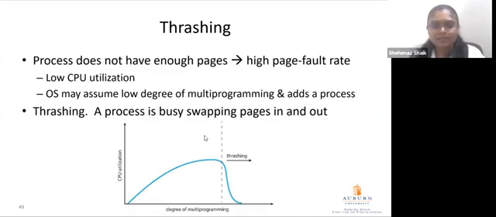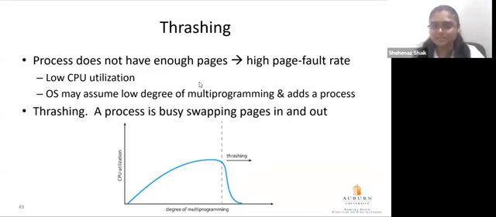Now, here is another concept that is of our interest. What happens is, whenever we allocate a number of pages to a particular process, if the number of pages allocated to the process is not sufficient, then as the process continues its execution, it keeps requesting the same set of pages.